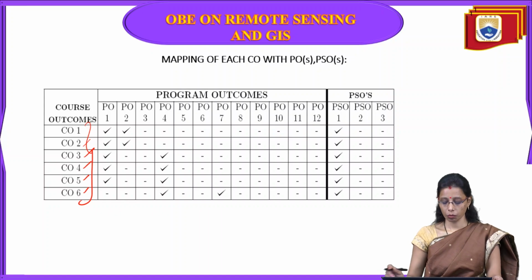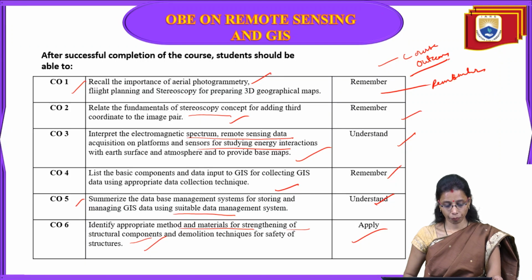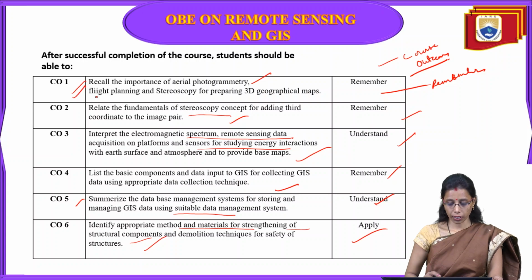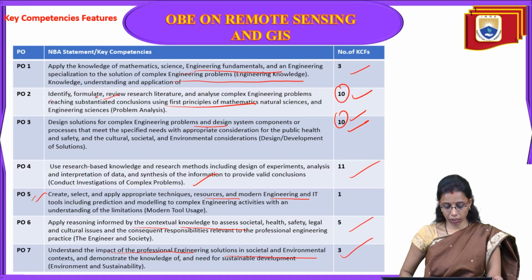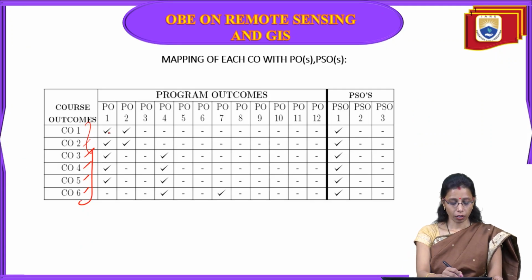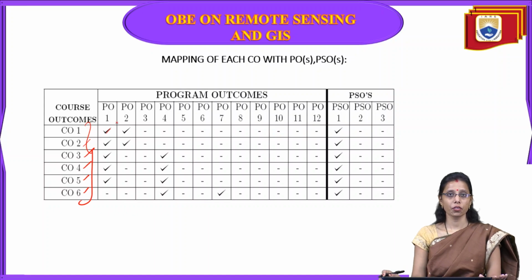So the first outcome which we have seen here, this one. So this first outcome, whether it is mapping with PO1 or not. Okay, so PO1 is engineering knowledge. So the first outcome is mapping with PO1 because the first module is related to photogrammetry, where you can get the engineering knowledge of mathematics, science and technology.